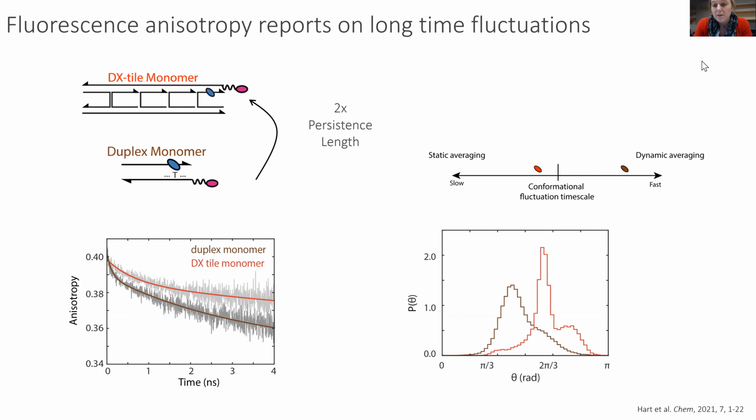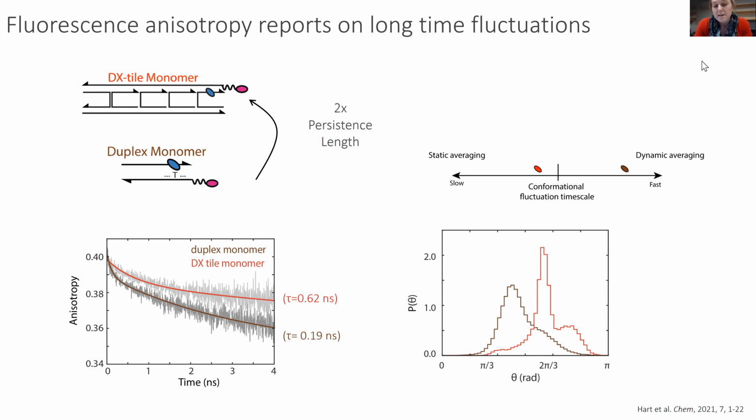Whereas on the time scale of slow conformational dynamics, we approach the limit of static averaging, which essentially means that the general structure, or in our case, the bimodal structure of this distribution, comes to play a larger role in the energy transfer process.